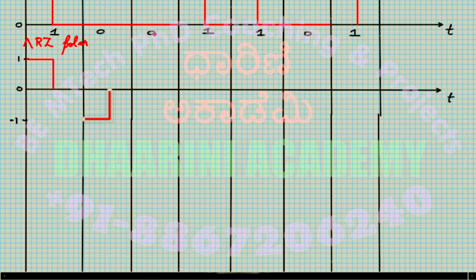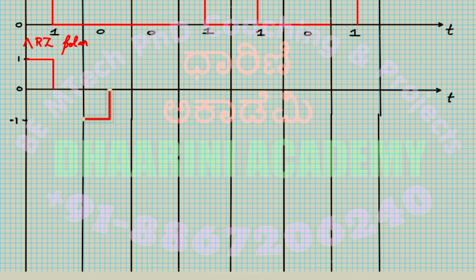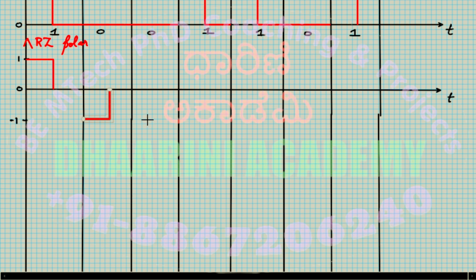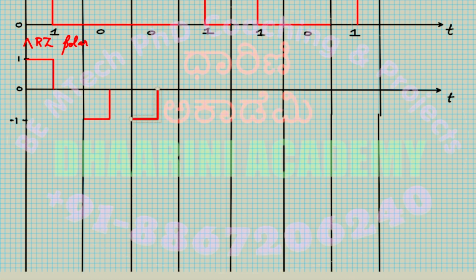Okay, so 1 is plus 1, 0 is minus 1, but after half of the bit duration you need to come back to 0. That is the characteristic of this particular pulse shaping format.